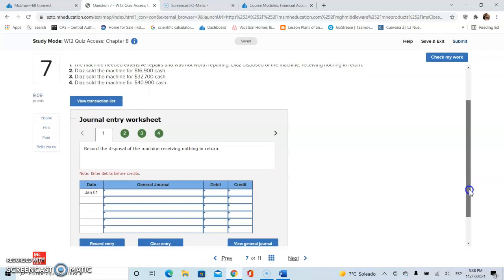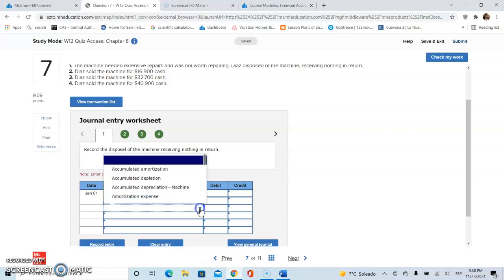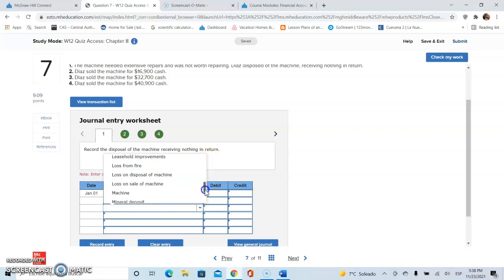For this entry, we are going to first eliminate the book value of the machine, crediting the asset account, which is machine, for the original cost, which is $126,300.